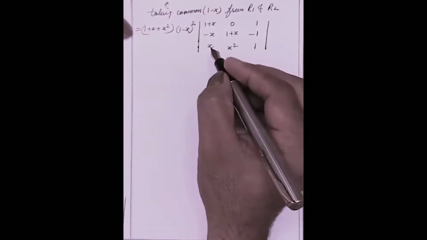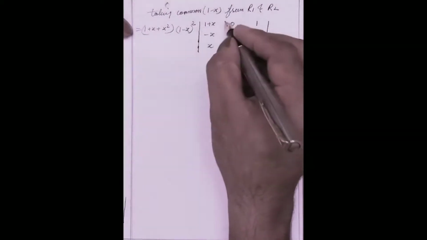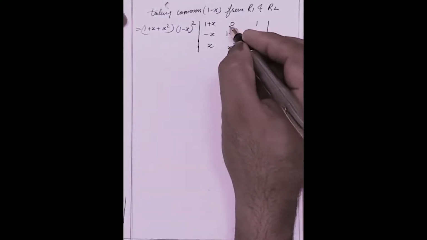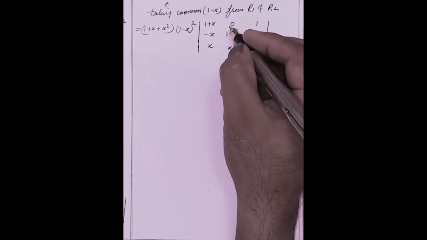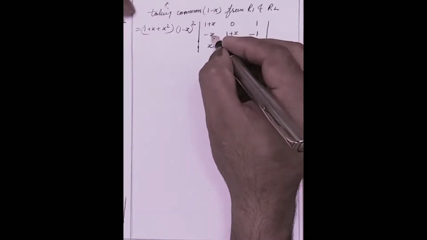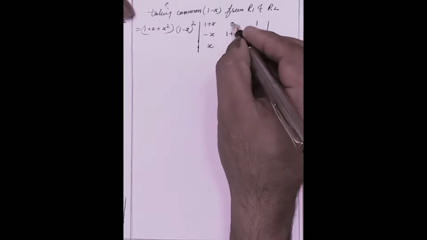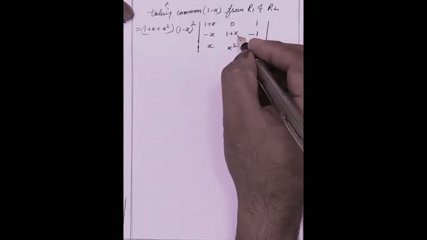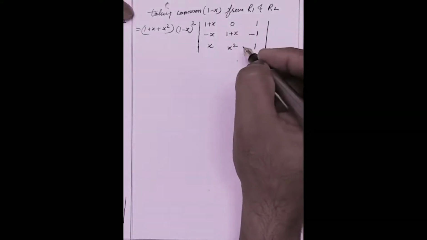Now if we are changing r1 with the help of r2, then 0 will be replaced by some other non-zero elements, which we don't want. So if r2 is going to change with the help of r1, then minus x plus x will cancel, and adding 0 doesn't make any sense, that will remain the same as it is. 1 plus x only, doesn't affect much, and then minus 1 will get 0.